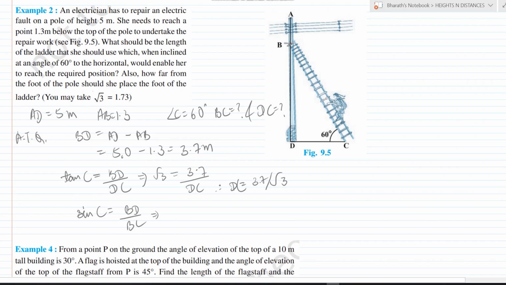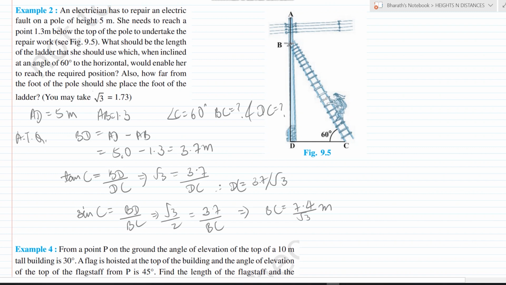Sin C, in the sense sin 60, is root 3 by 2. It is equal to BD, which is 3.7, divided by BC. Fine. So BC is equal to 7.4 divided by root 3 meter.